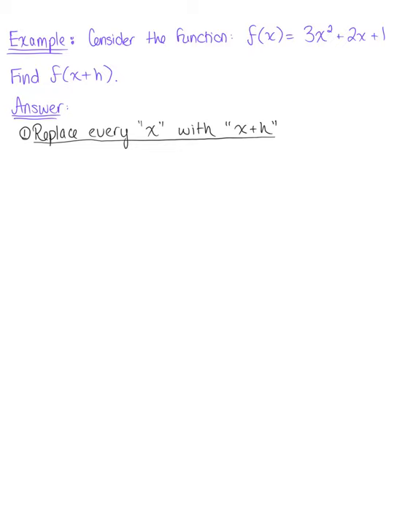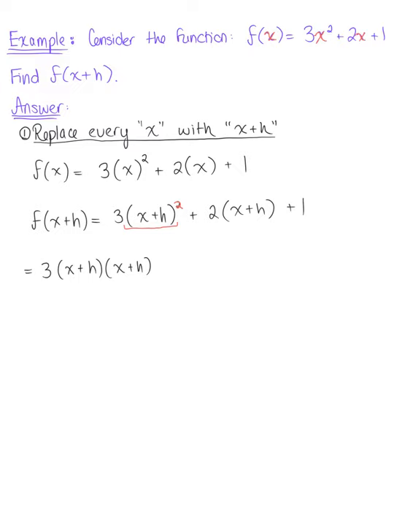So what we want to do here to begin is to expand x plus h squared. Alternatively, we can rewrite this as 3 multiplied by x plus h times x plus h. So remember that exponent here, this 2, implies that the factor x plus h appears 2 times as we wrote below.